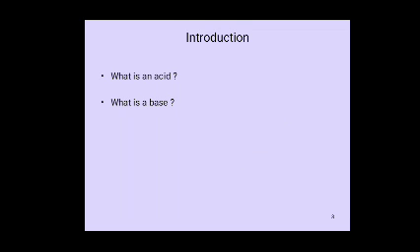According to Lewis, a substance that donates a pair of electrons to another compound to form a coordinate covalent bond is called a Lewis base. Arrhenius acid, Bronsted-Lowry acid, Lewis acid; Arrhenius base, Bronsted-Lowry base, Lewis base. Now we discuss what is a buffer.